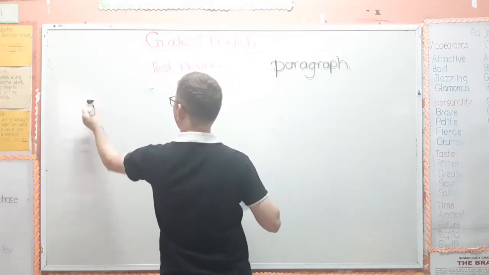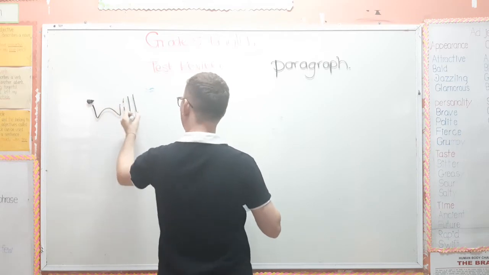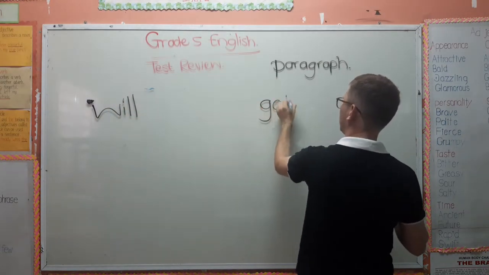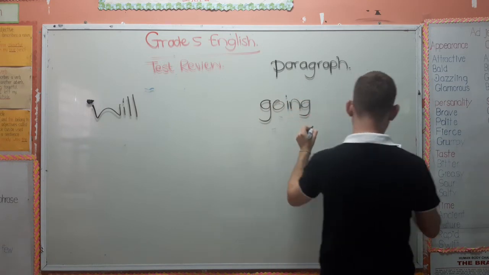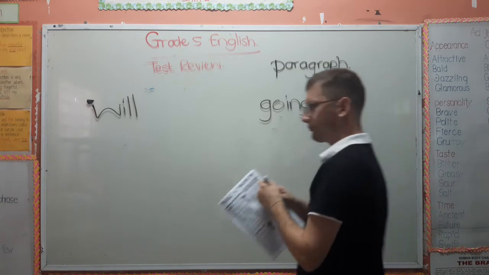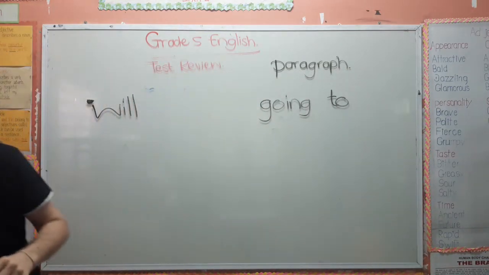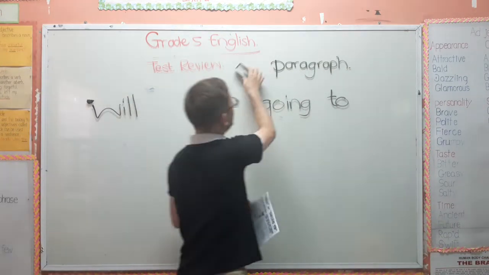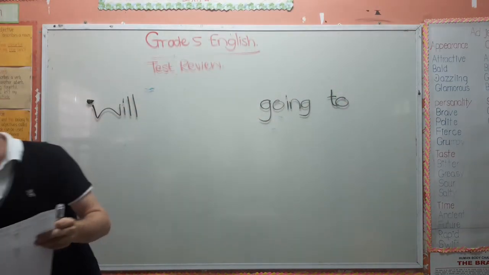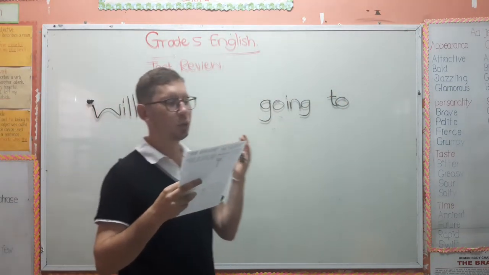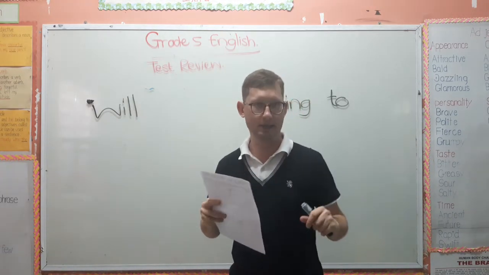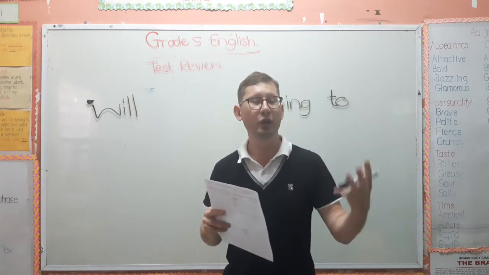So we have will and going to. Can you remember what's the difference between will and going to? Very good. Yes, we use will for future things. Will is future.